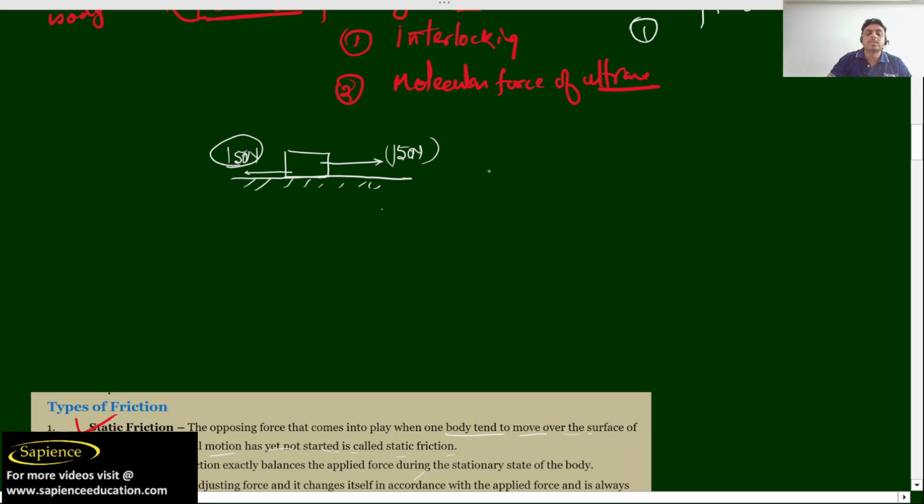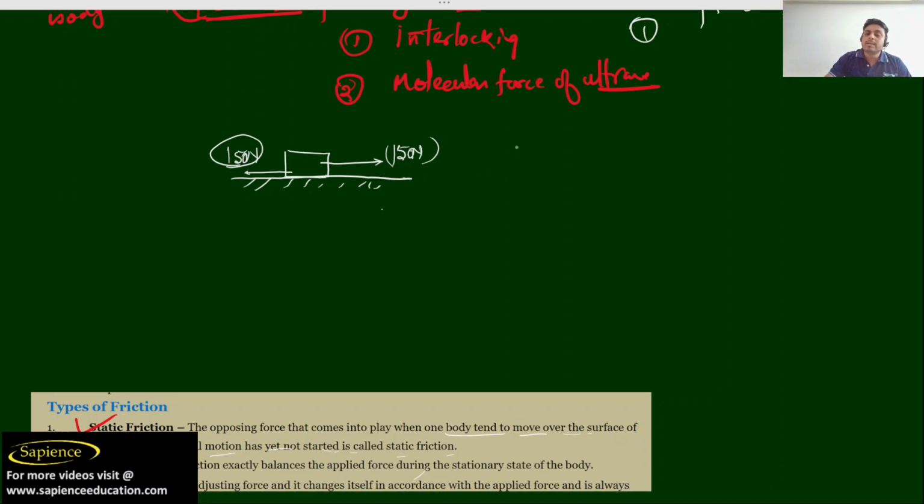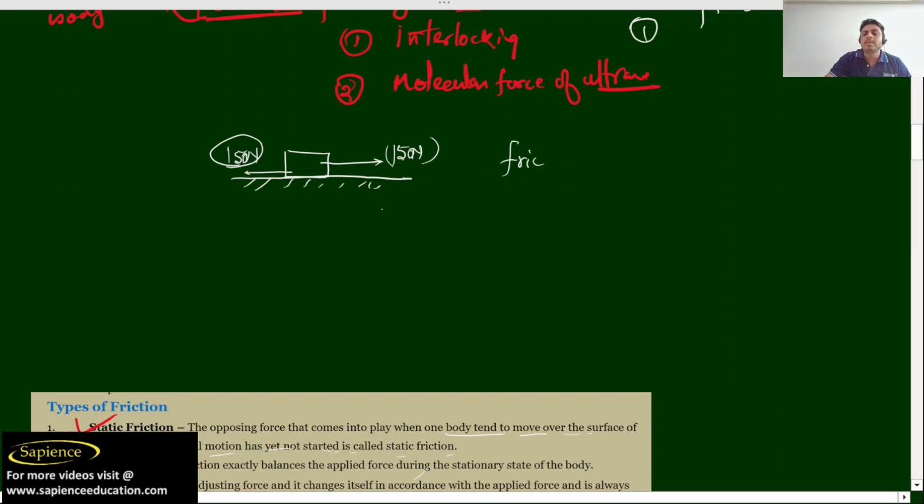It depends upon the situation. See, the friction force has a limit. After a certain limit, it won't be able to apply more friction force. For example, 5 Newton you have applied, friction force increased to 5 Newton. 15 Newton I have applied, friction force also increased to 15.